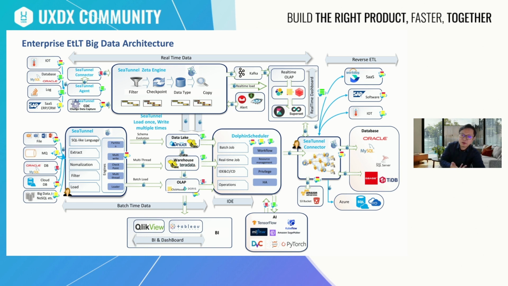Kafka is middleware that can store messages in real time, or you can just load the data into your real-time data warehouse. For example, you can load the data into ClickHouse or into AWS Redshift, or you can load the data to another real-time data warehouse.